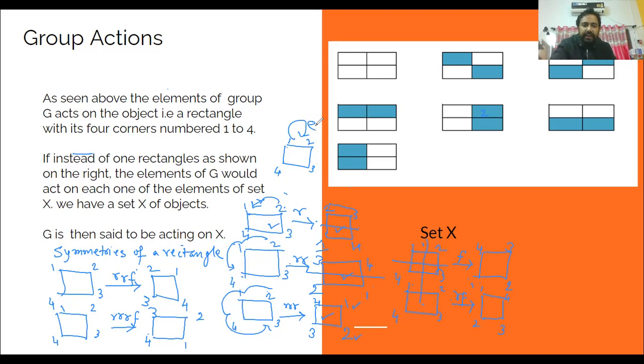So these are the 8 symmetries of the rectangle. In other words, these are the 8 actions which change the configuration of any particular configuration.